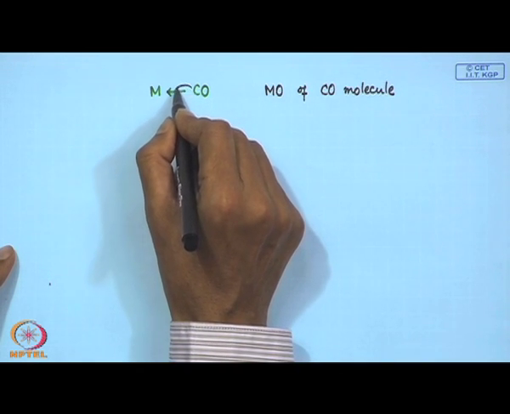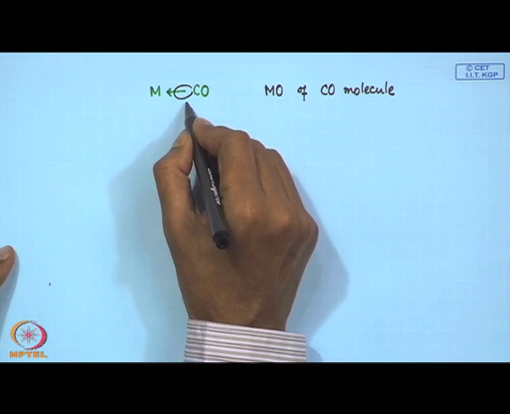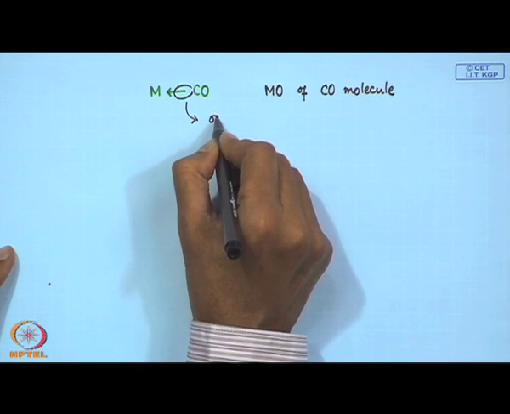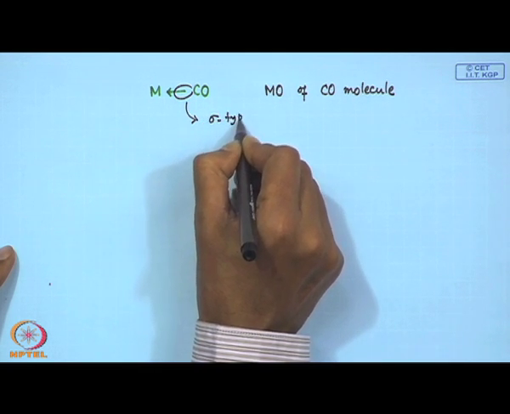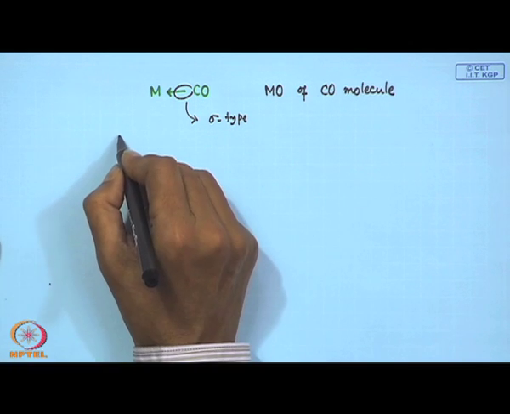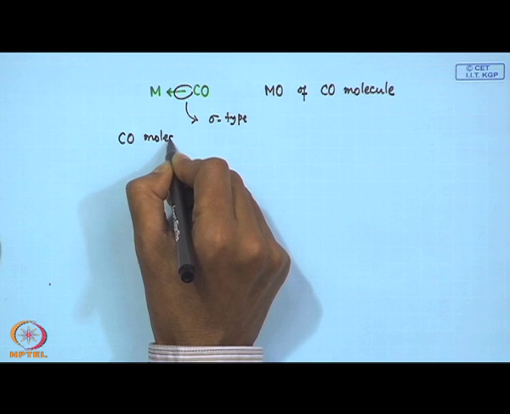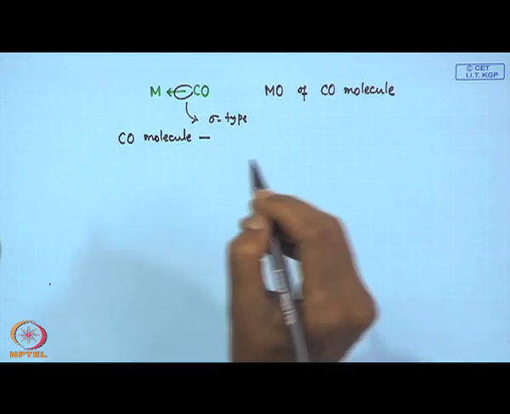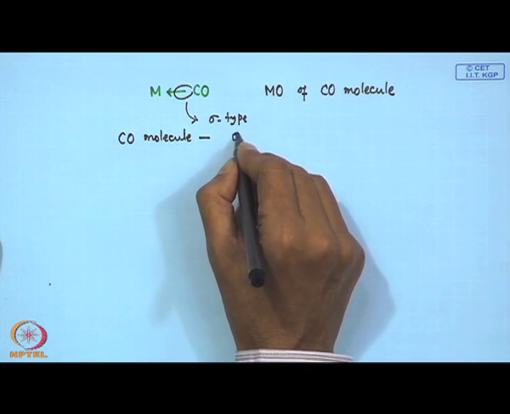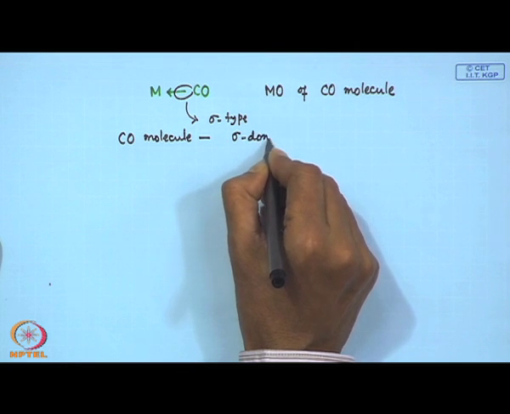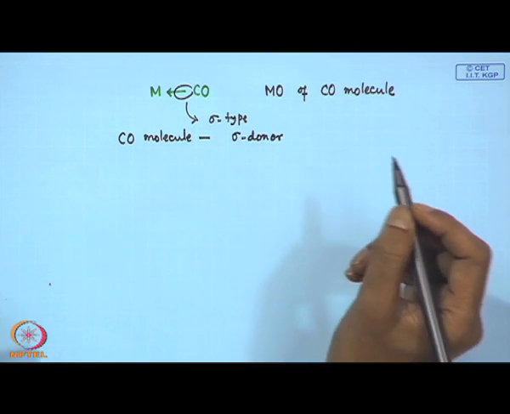So, if they are of sigma type, our carbon monoxide molecule can be termed as a sigma donor orbital.